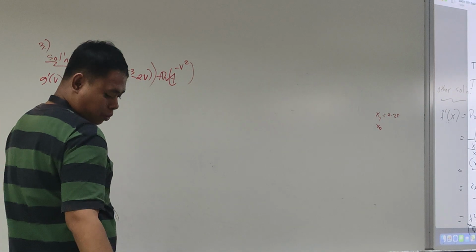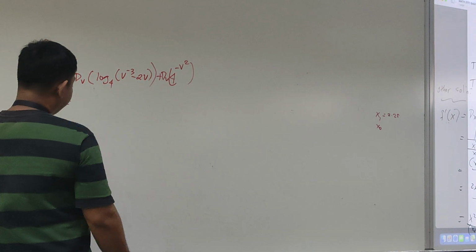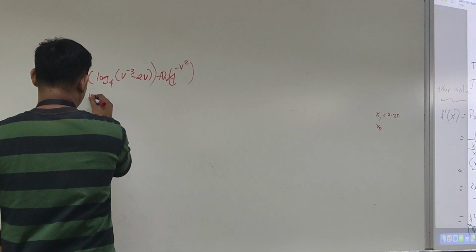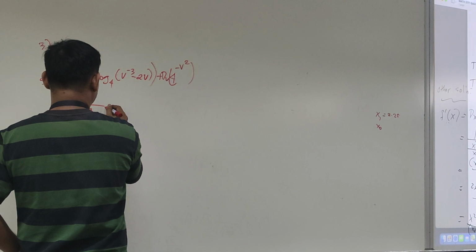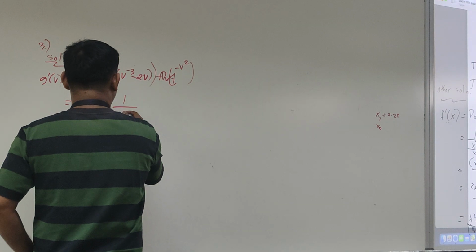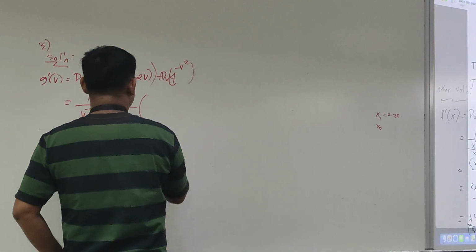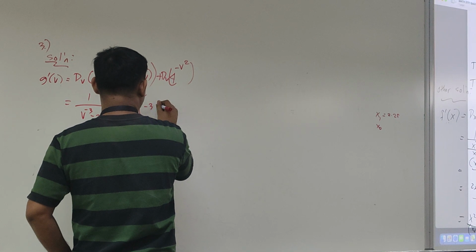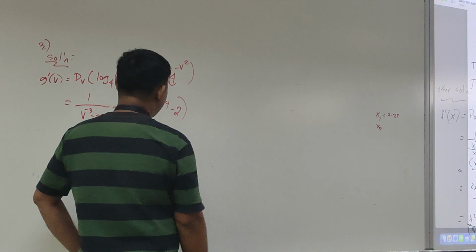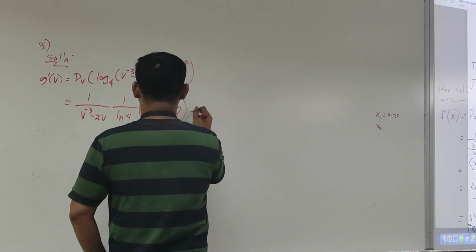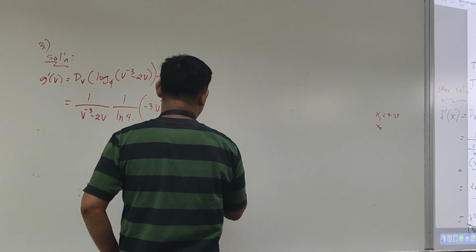So this is equal to, what is the derivative of the logarithmic function? 1 over ln of 4 times negative 3v to the negative 4 minus 2, plus, what is the derivative of 4 to the negative v squared?